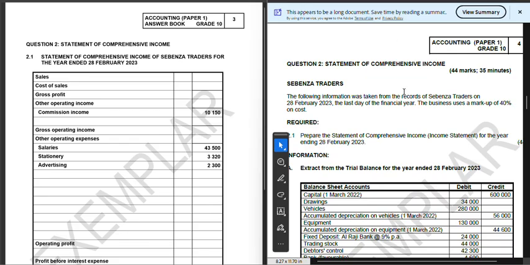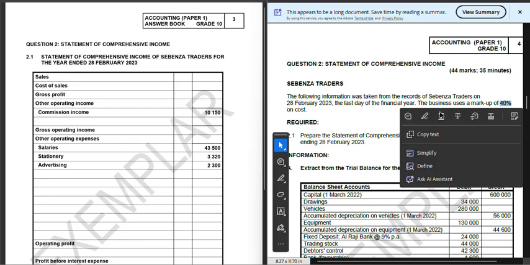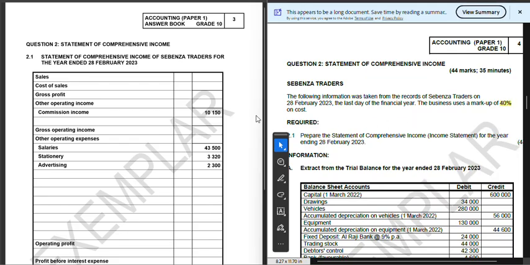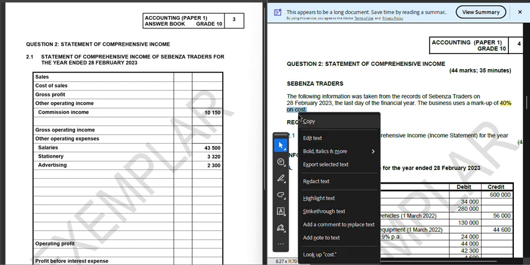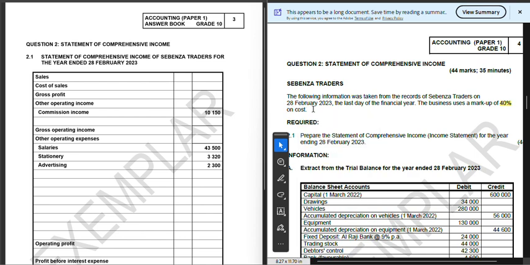Sebenza Traders, this is the name of the business. The following information was taken from the records of Sebenza Traders on the 28th of February 2023, the last day of the financial year. The business uses a markup of 40% on cost. Remember, ladies and gentlemen, when you see the word markup, your ears are supposed to perk up, because this is very crucial information.